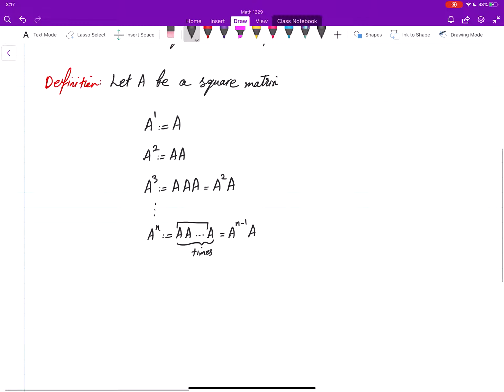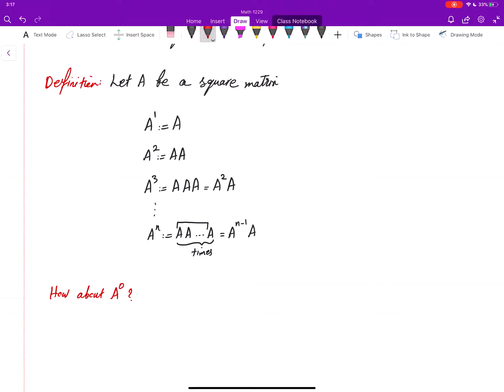This is nice, but you define only the positive integer powers. How about A to the power 0? Or you can go one step further and ask, what about A to the power -1, -2?